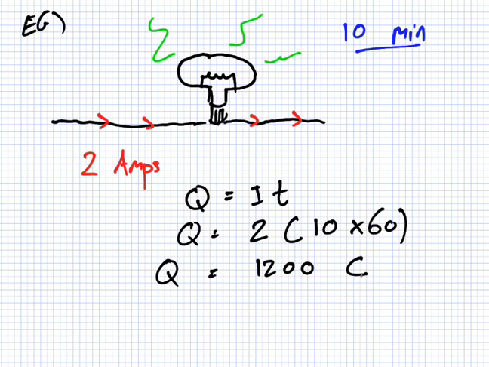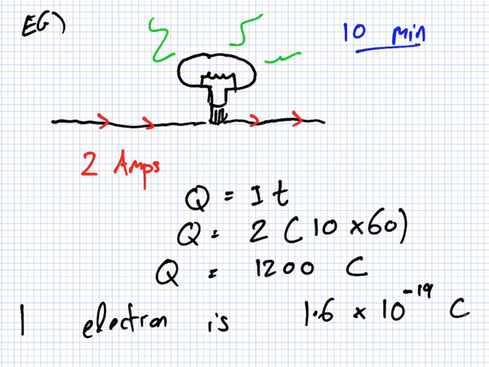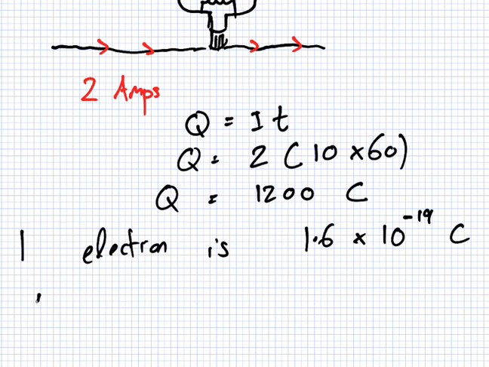So you should still have from the start of the lesson what the charge of one electron is. So one electron is 1.6 times 10 to the minus 19 coulombs. So then the total number of electrons would be this.